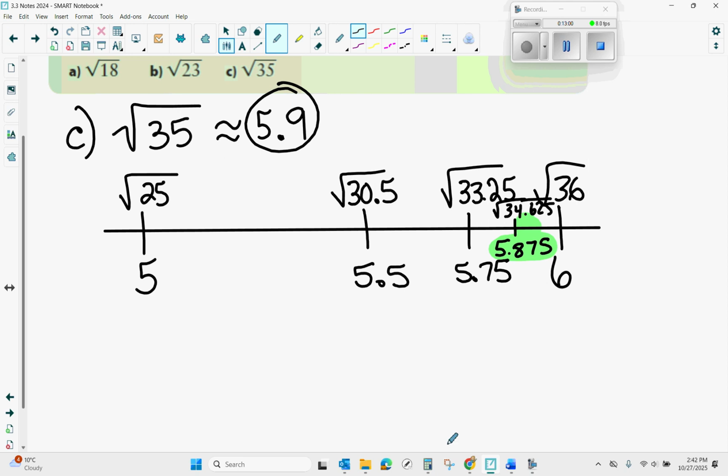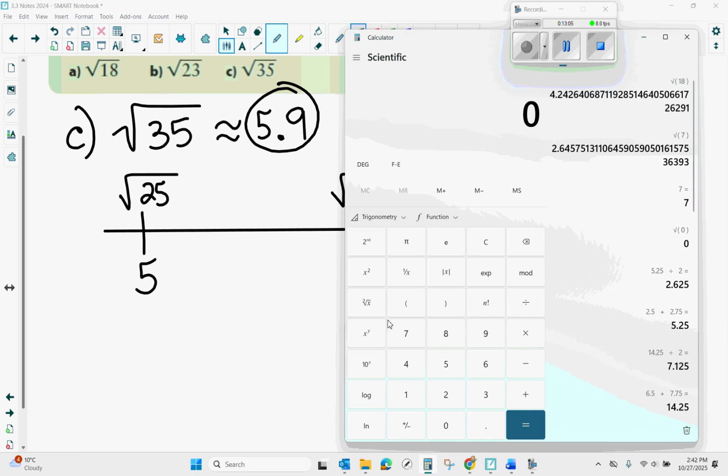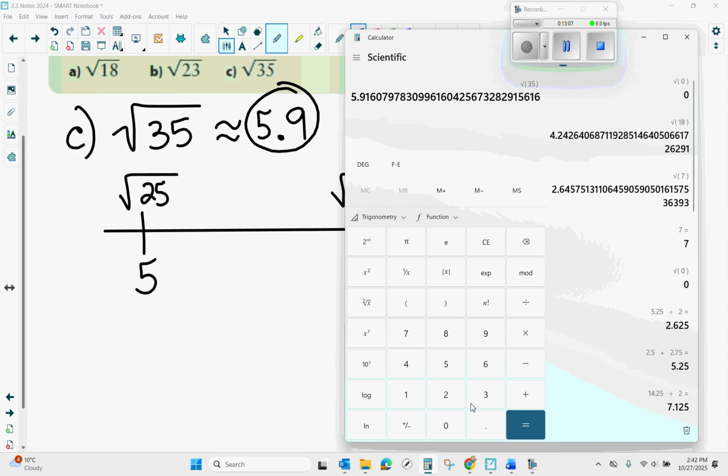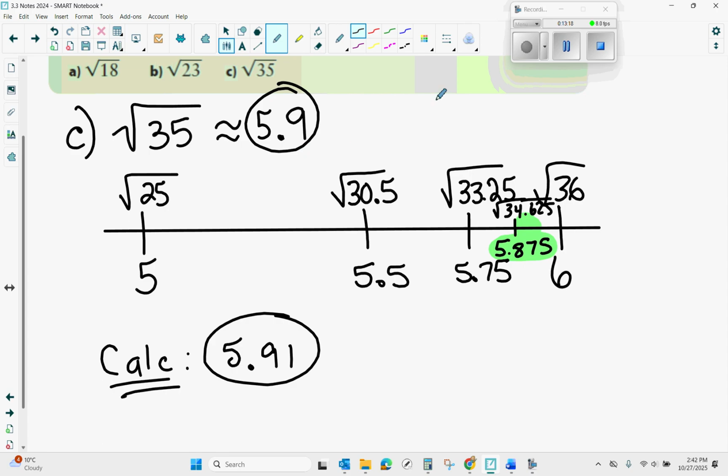If you want to check it on a calculator, what in the world is the square root of 35? 5.91. So the calculator check is 5.91. We are pretty close.